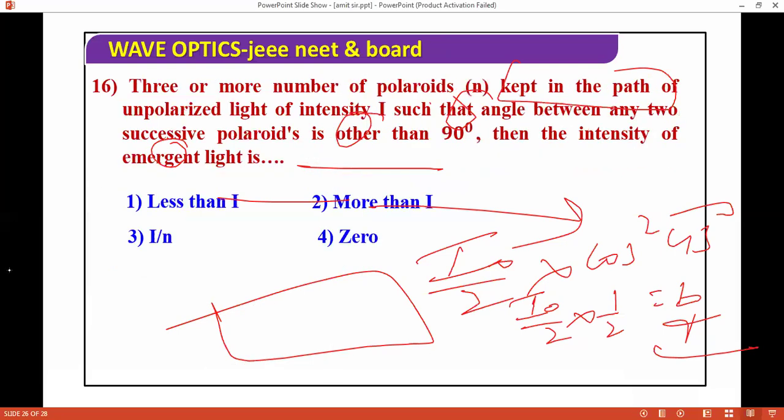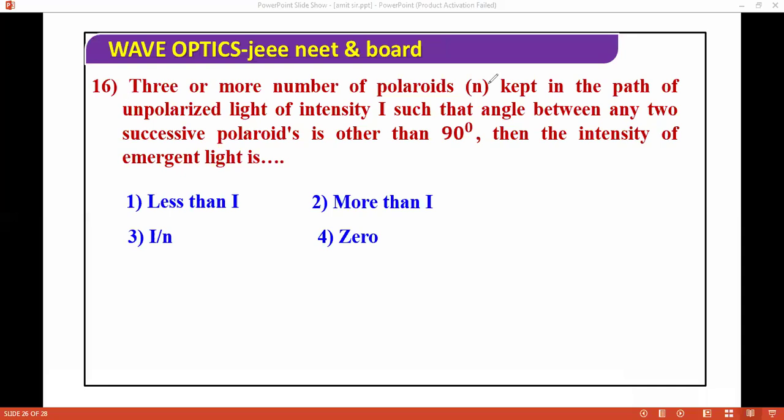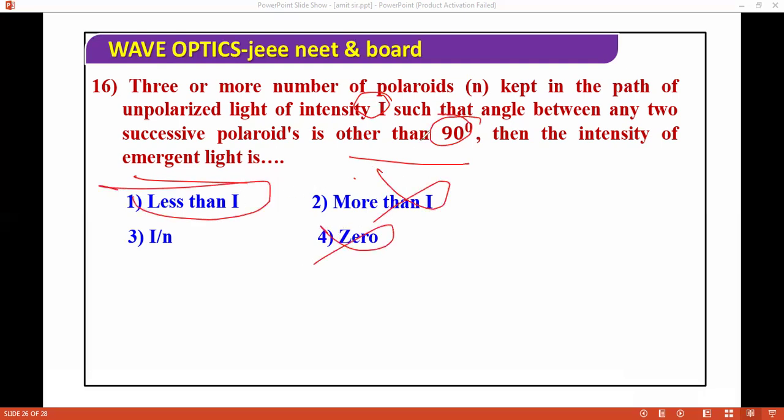So the next question we have: three or more polarisers are kept in the path of unpolarized light of intensity I, such that the angle between any two successive polarisers is other than zero. Then the intensity of the emergent light should be less than I. It cannot be more than I, and it cannot be zero.